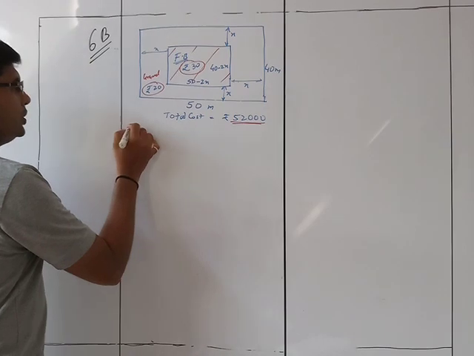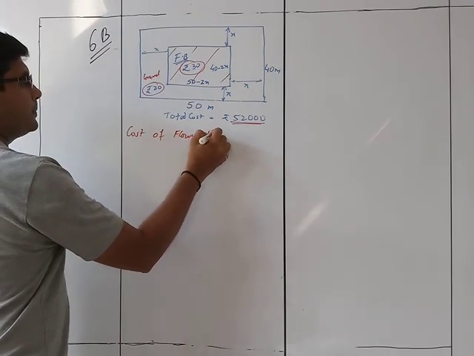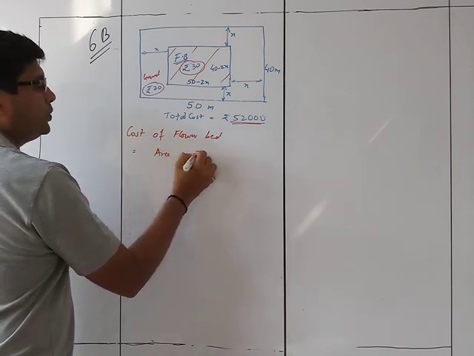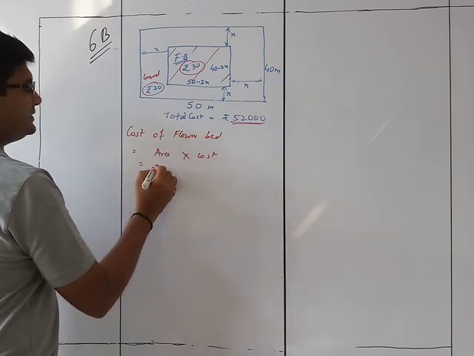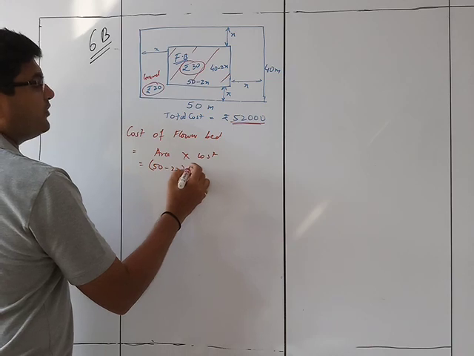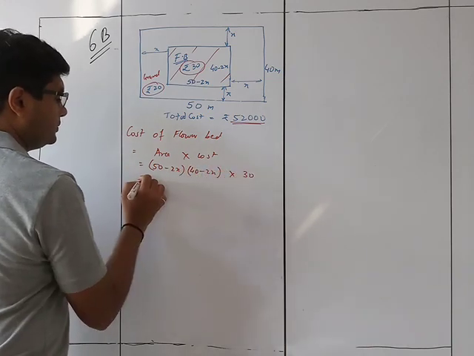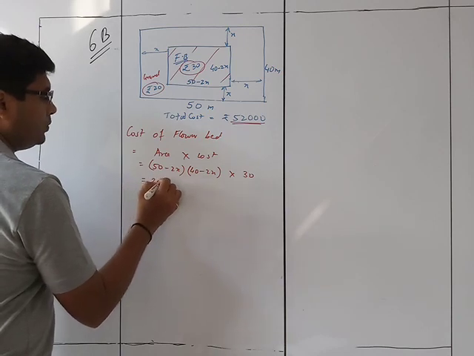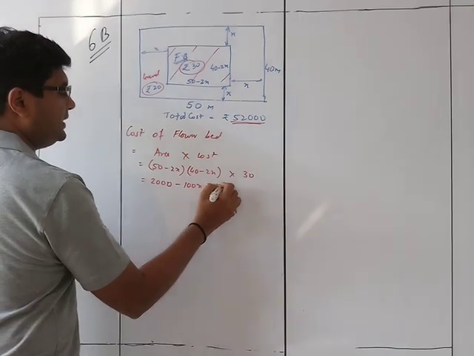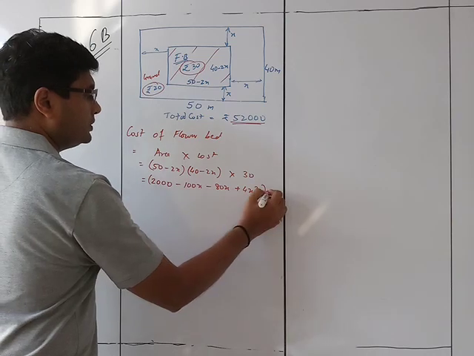So first thing is cost of flower bed is equals to area into cost. So that will be, area is nothing but 50 minus 2x into 40 minus 2x into 30. So that will be 2000 minus 100x minus 80x plus 4x square whole into 30.